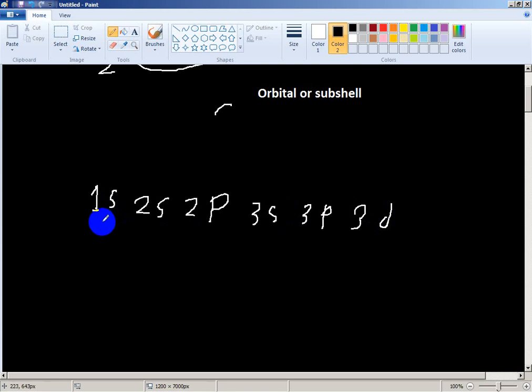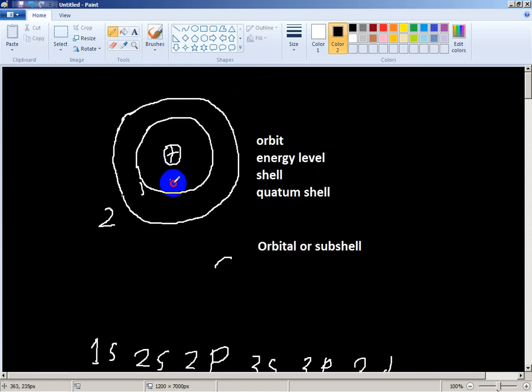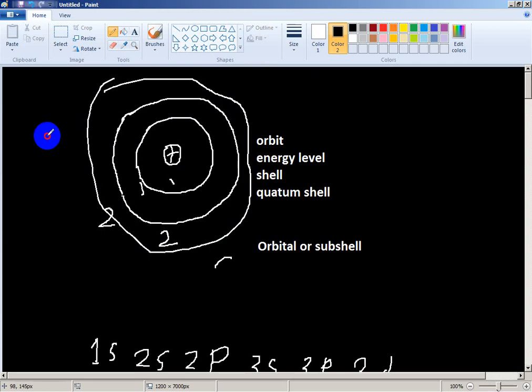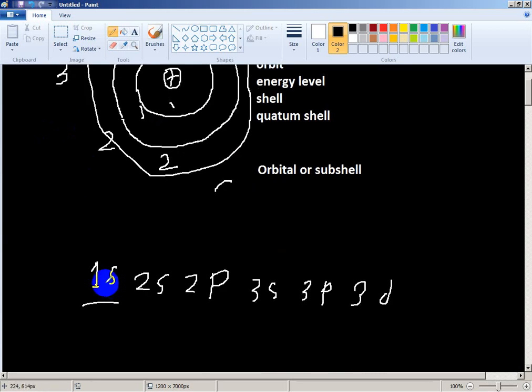The 1 means the first energy level. The 2 means energy level 2. The 3 means energy level 3. This is energy level 1, this is energy level 2, this is energy level 3.